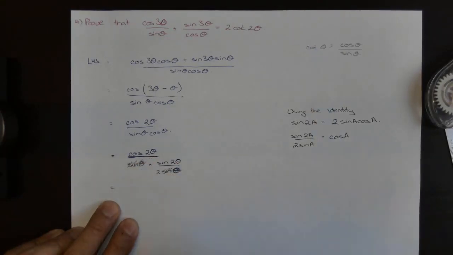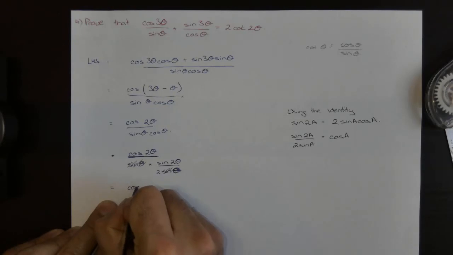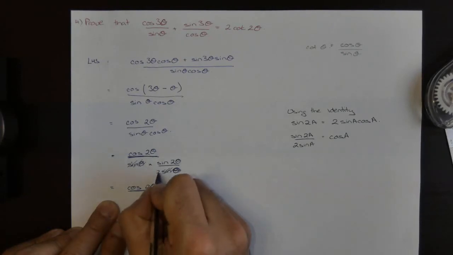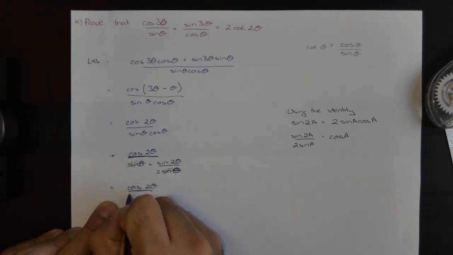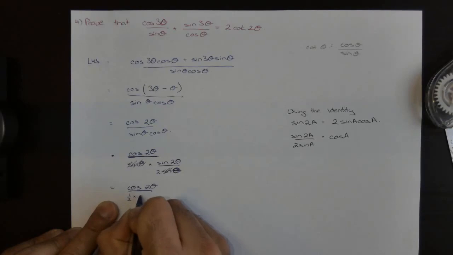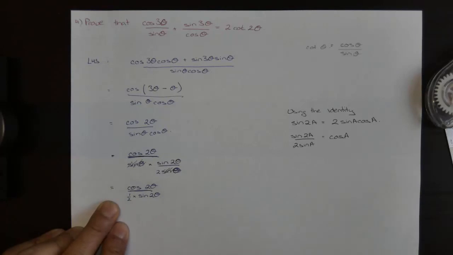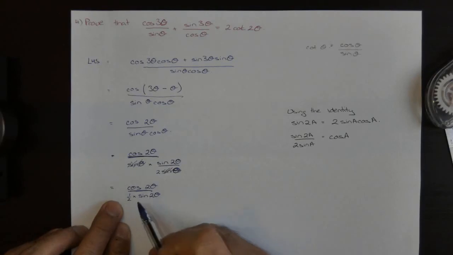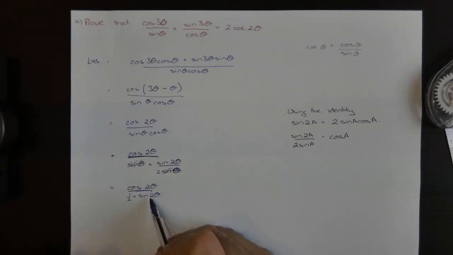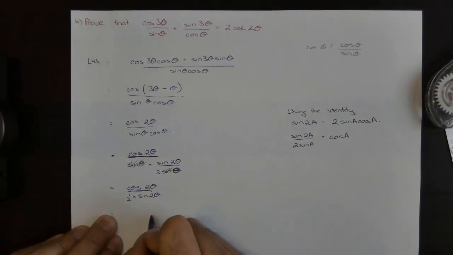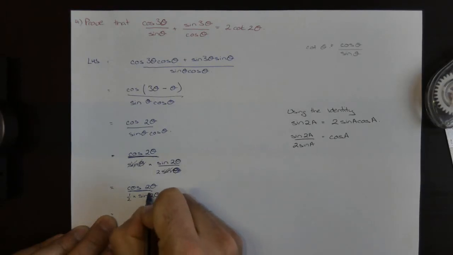And that gives me cos 2 theta over, I'm just going to take out this divide by 2, because that's the same as a half times sine 2 theta. And we're nearly there, because I've got cos 2 theta over sine 2 theta. So I really have cot 2 theta at the end. Okay, because that's that part.